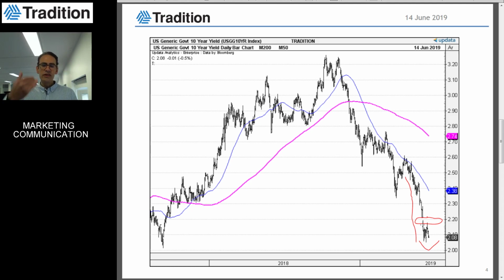We continue to see weak yields with risk of extending the slide to 2%, 2% being the next very important support, as you can see here, because it's the low of 2017. So overall, not a very bearish message on US bonds this week.